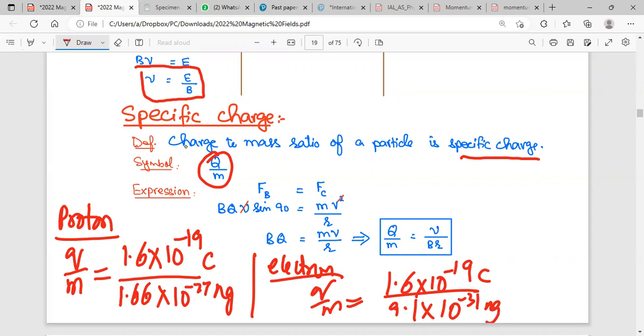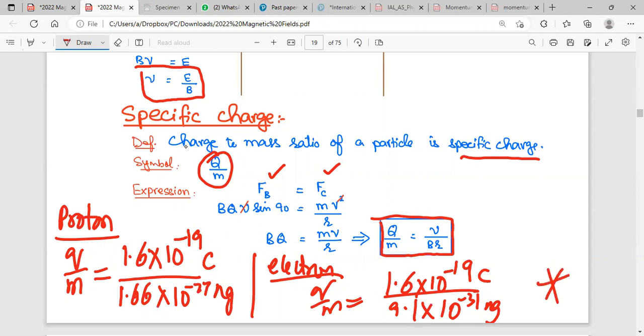In order to derive the expression, magnetic force equals centripetal force, BQV is mv square by r, and then from here we can make Q over M the subject. So Q over M is equal to V over BR. V is the velocity of the charge, B is the magnetic field strength, and R is the radius of the curved track. So by doing this, we can find charge to mass ratio, right?